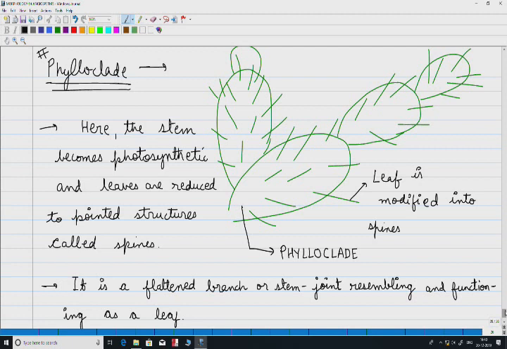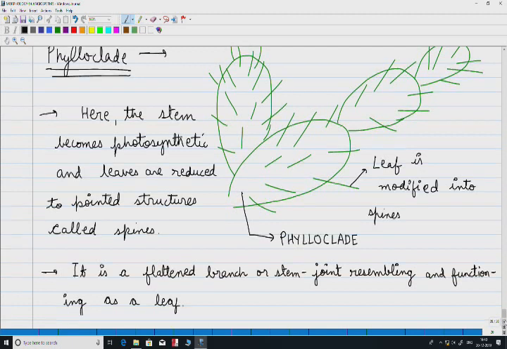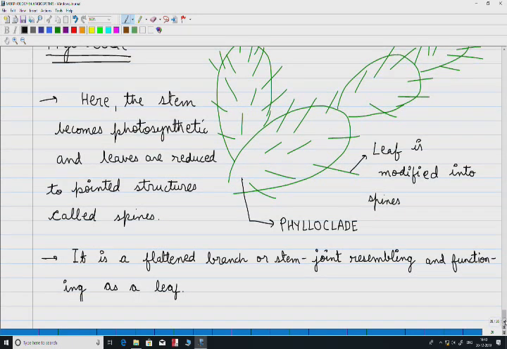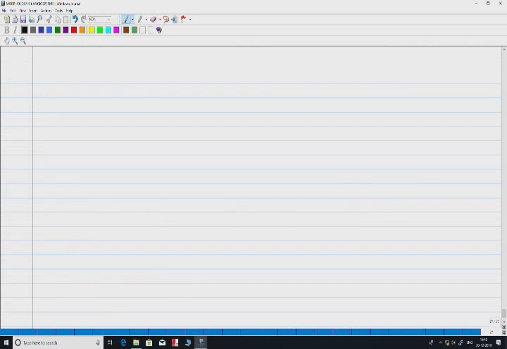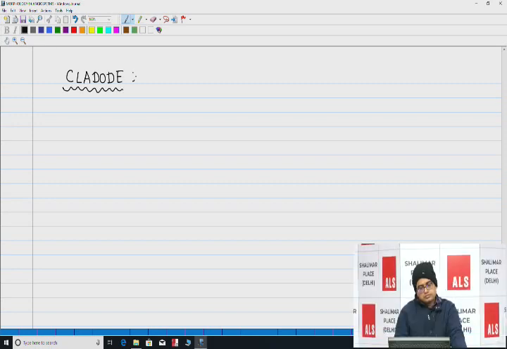Okay, so let us continue with cladode. A flattened leaf-like stem.